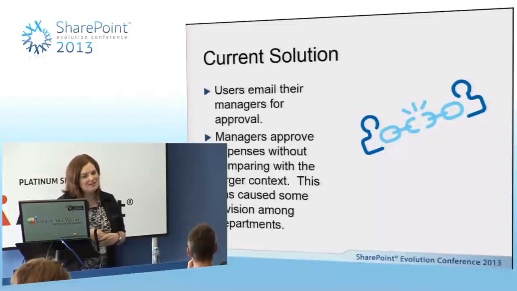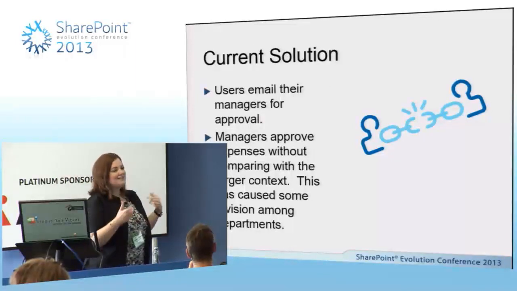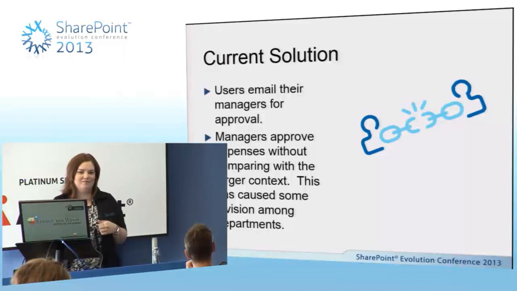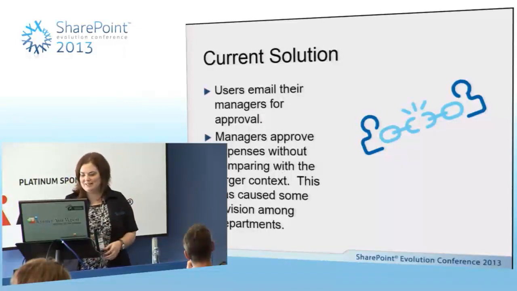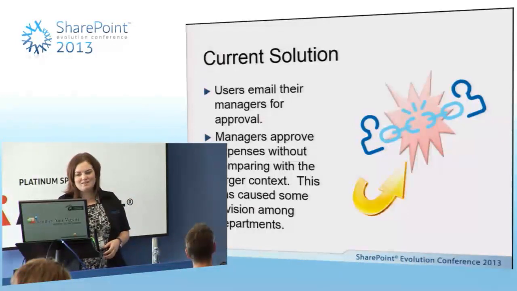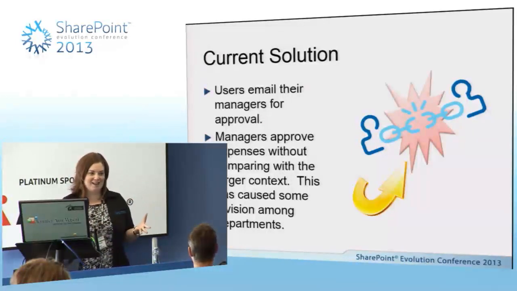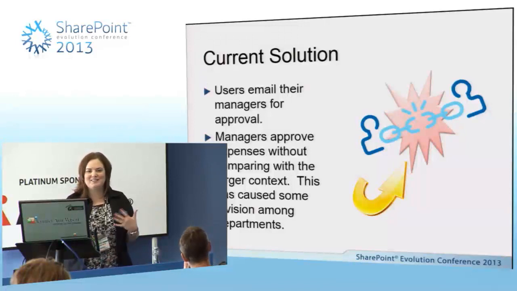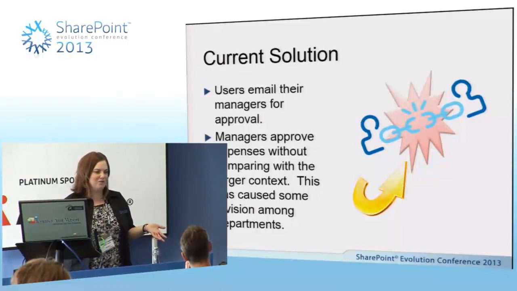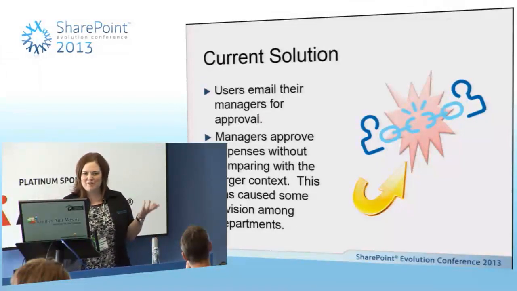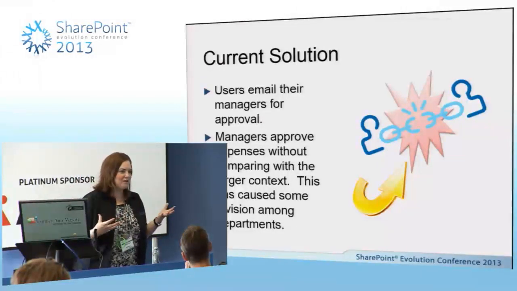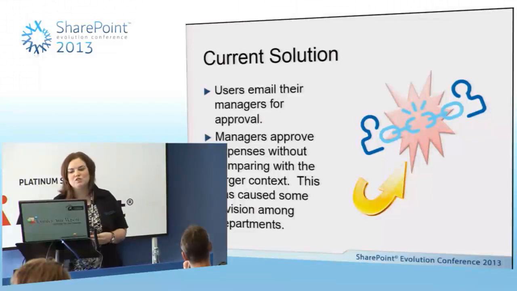Our current solution is that an email is sent to the managers for their approval, manager approves it, money gets spent. But if the manager is not looking at the whole context, you're going to get one manager that's quick to say yes to everything. You're going to get another one that's going to say no. Then you're going to end up with a department where some money is getting spent for different things and not really looking at a whole total solution.